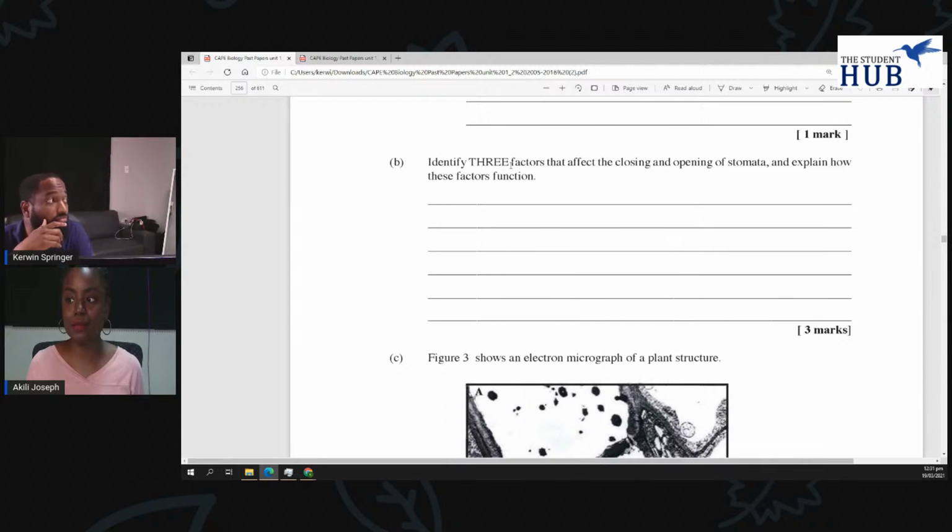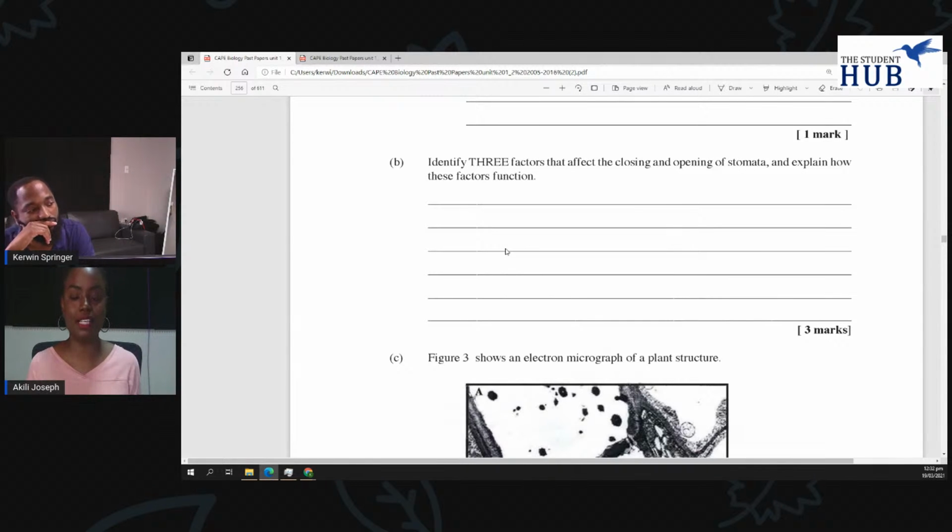So one factor could be the presence or absence of sunlight, and then you will explain saying if sunlight is absent, the plant can't photosynthesize, and therefore all its stomata would remain closed. So that would affect the stomata being more closed than open. And the converse of that is true, that if sunlight is present, then the plants can photosynthesize, and therefore it's going to want its stomata to be open, right? Another factor could be humidity.